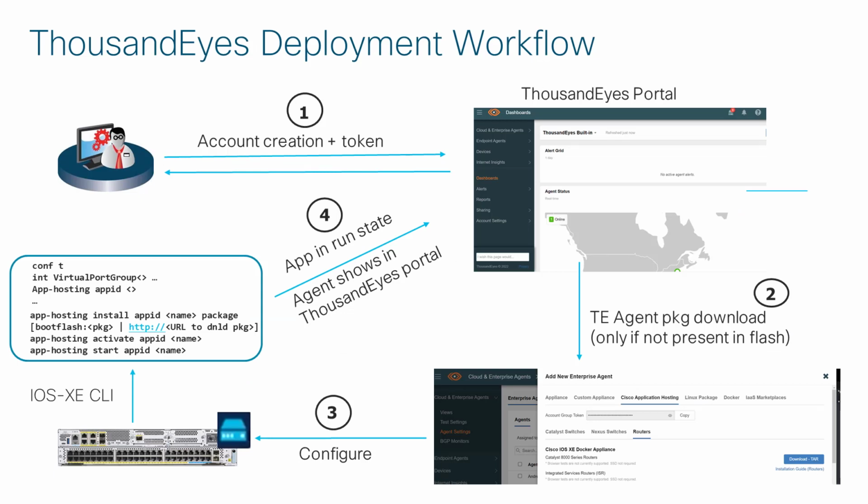For the demo, I followed this workflow. I created a ThousandEyes account and then I retrieved the account token to associate it to the router. Then I added the ThousandEyes agent software in the router flash. I completed the required configuration and made sure the agent showed up in the portal in a running state.